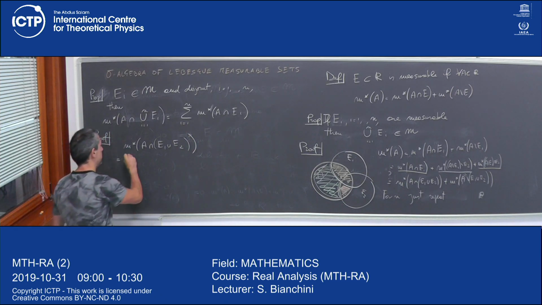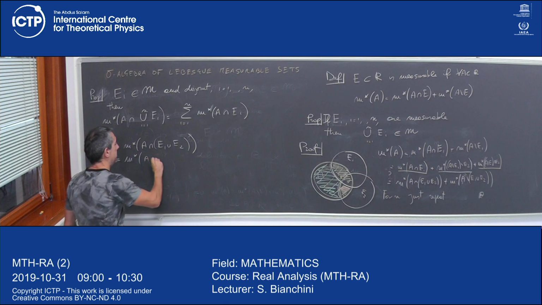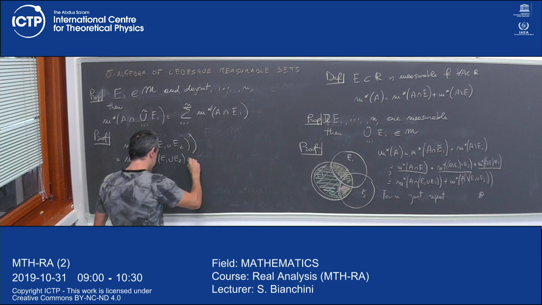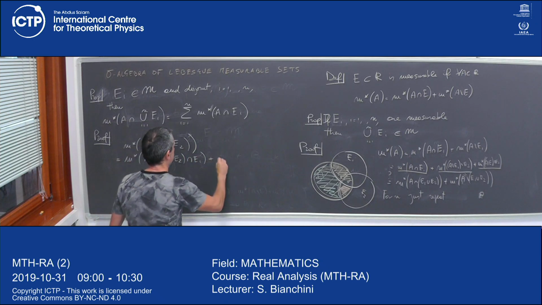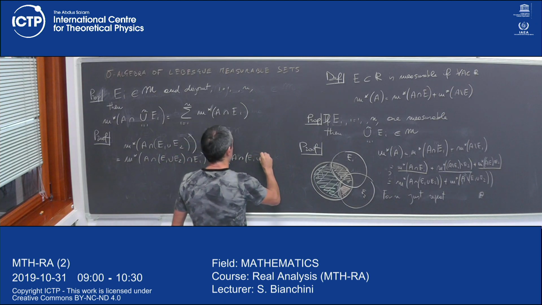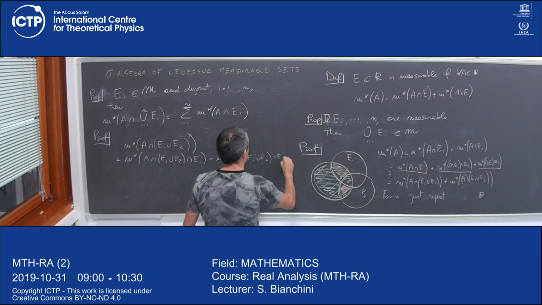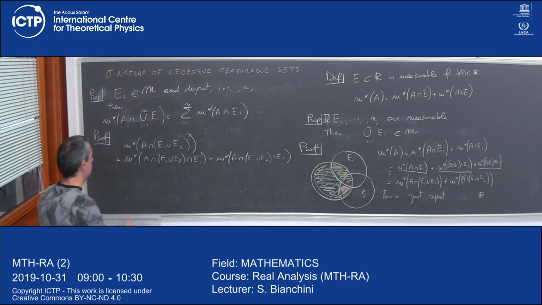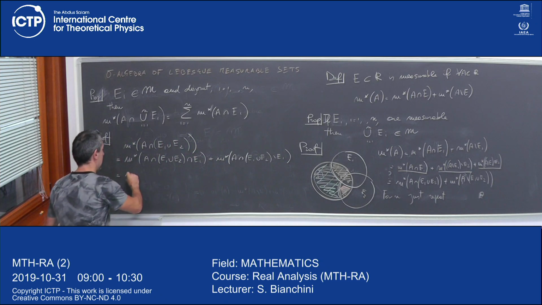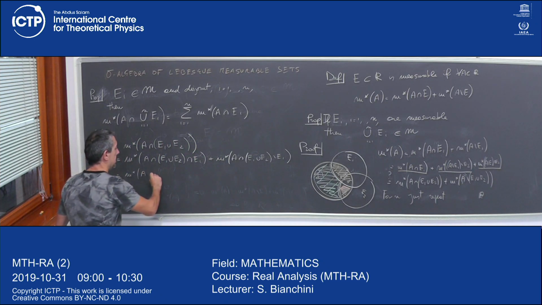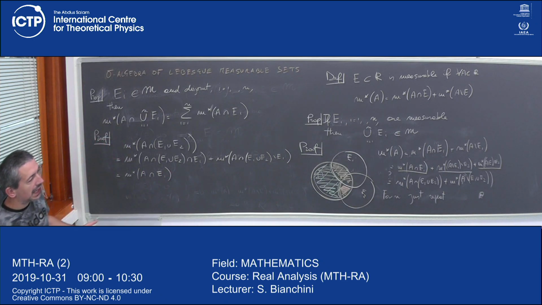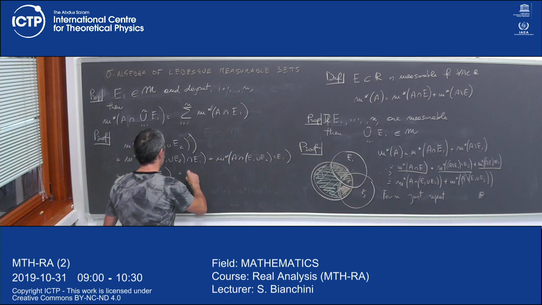E1 measurable. But now, okay, this one is exactly M star. And now E1 and E2 are disjoint, so this guy is just the sum.